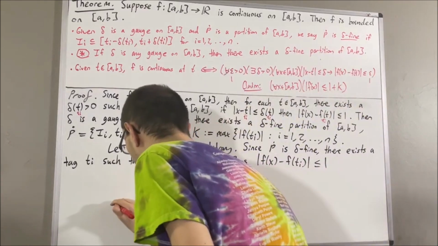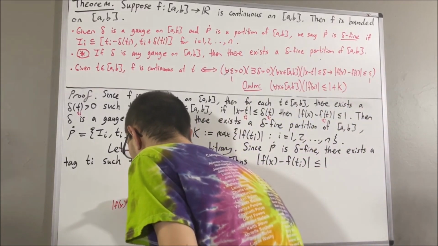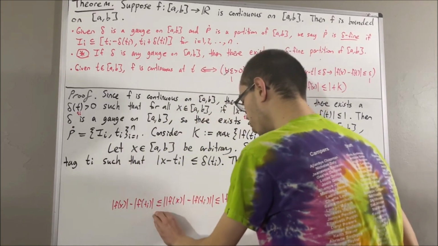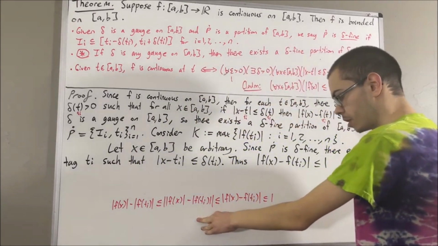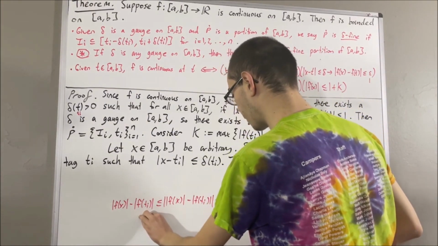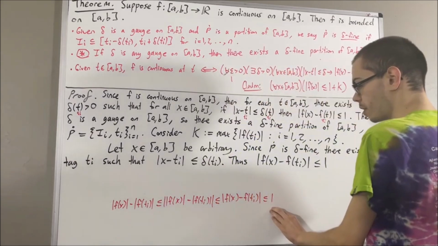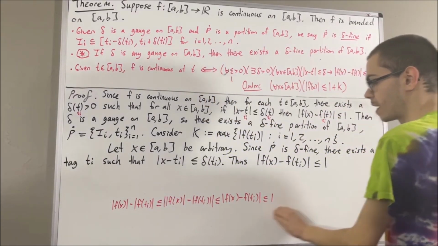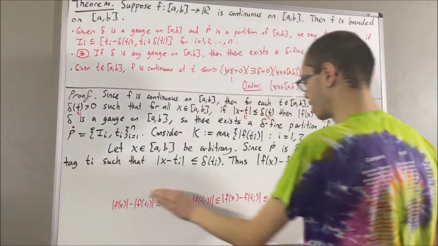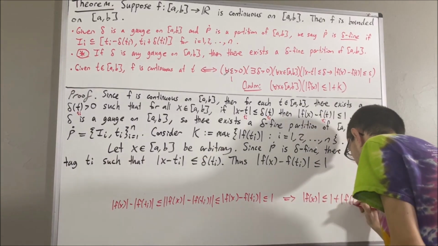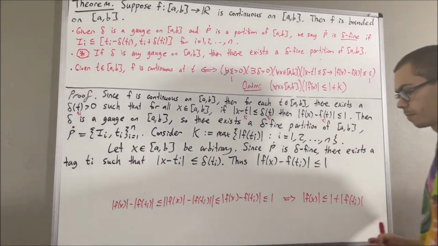So in particular, the absolute value of f of x minus the absolute value of f of t_i must be less than or equal to its absolute value. So this shows absolute value of f of x minus absolute value of f of t_i is less than or equal to 1. So adding absolute value of f of t_i to the other side, we have that absolute value of f of x is less than or equal to 1 plus absolute value of f of t_i. And that's what we get.